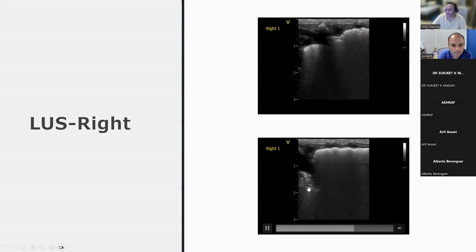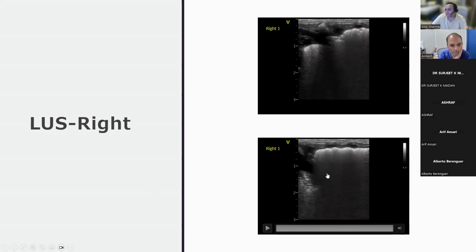And you've got consolidation here, but you've got these static air bronchograms. Can you see these clear small pinpoint bronchograms? Yes. So do you think this is atelectasis with consolidation or just consolidation? Looks like consolidation is atelectasis. Okay, yep. So this is consolidation with atelectasis. The reason is you have got no pleural line.